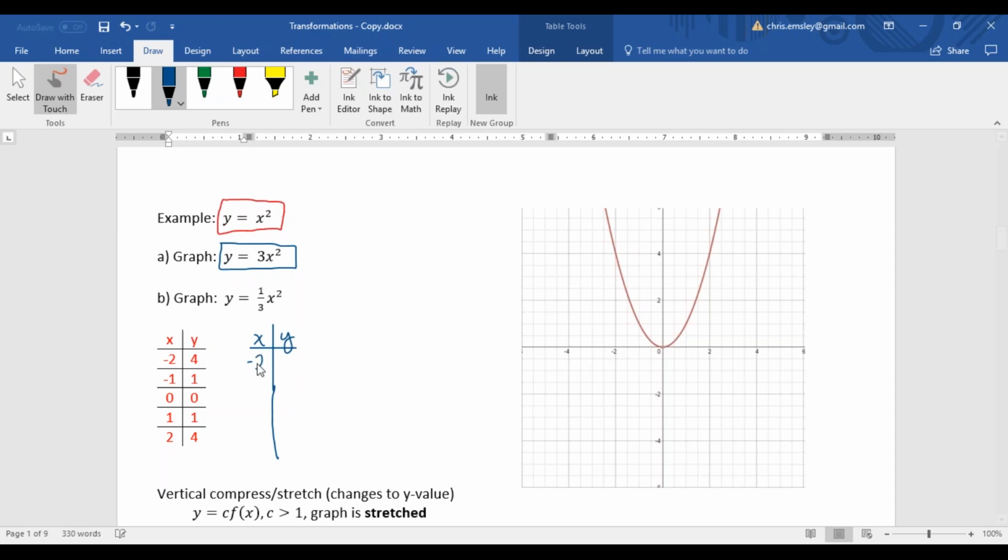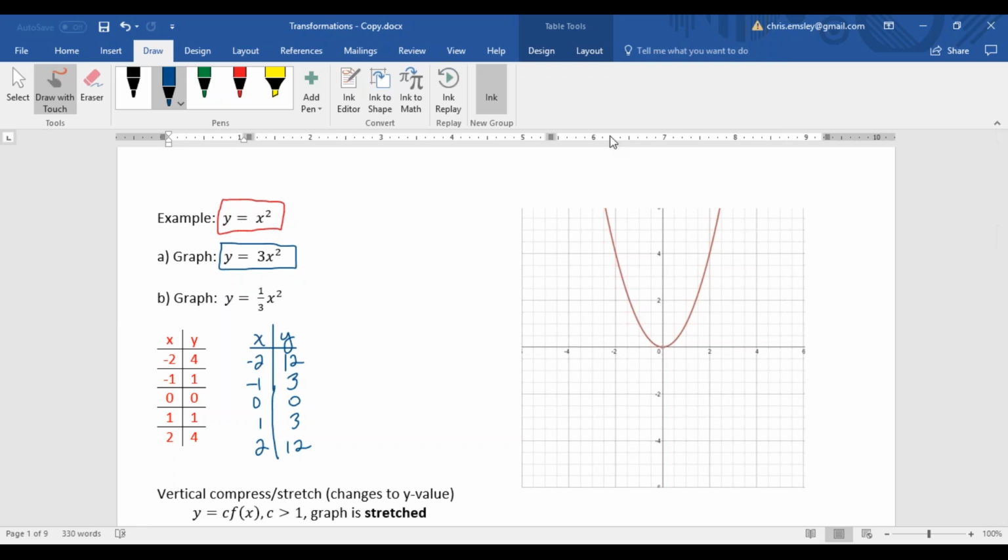So let's take a look at what that's going to do for us. So -2 squared is 4, and 4 times 3 is 12. -1 squared is 1, times 3 is 3. 0 times 3, 1 times 3, and 4 times 3. And there's our new t-table.